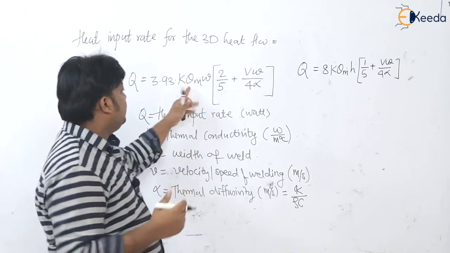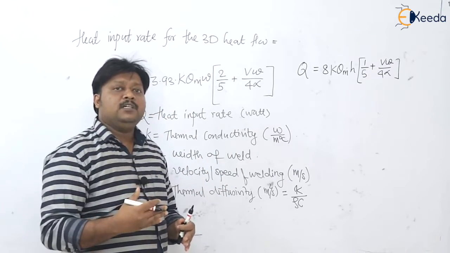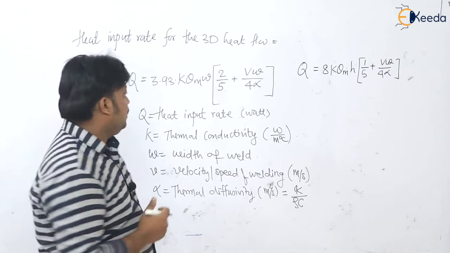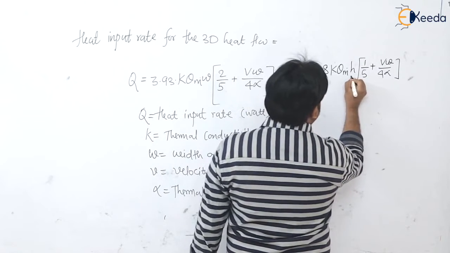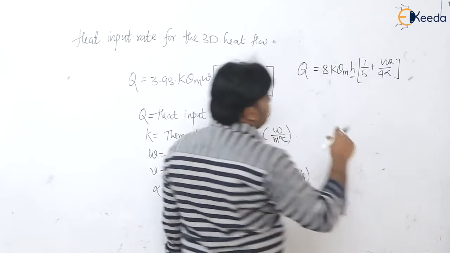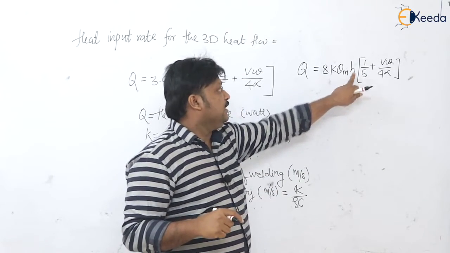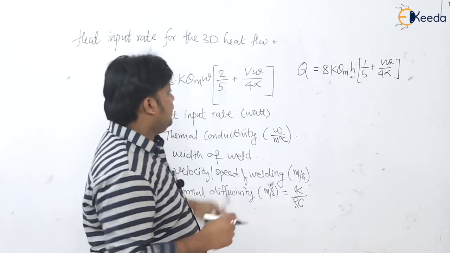That is, you can take theta m as the temperature difference from melting point to room temperature or whatever the initial temperature during the welding process. Here H is the thickness of the plate.